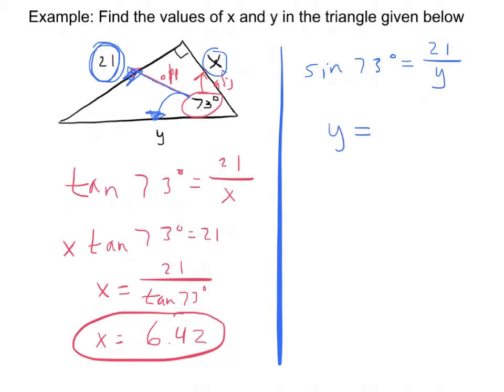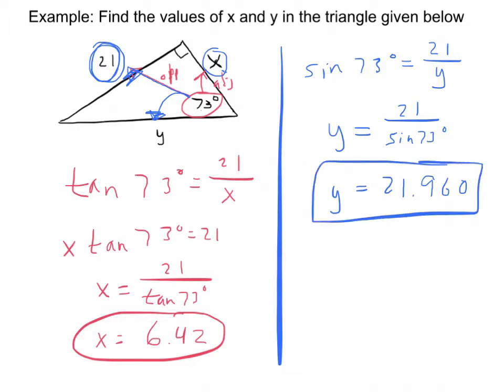In fact, I'm even going to skip that step and just say y is 21 over the sine of 73 degrees. And when we solve this one, we will end up with 21.959. So it's actually like 960. And so this is our hypotenuse.